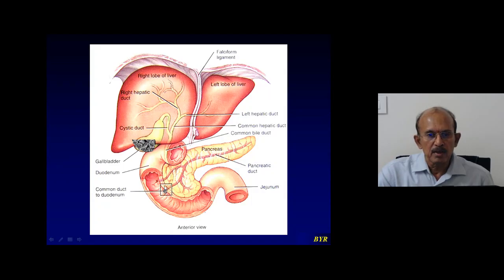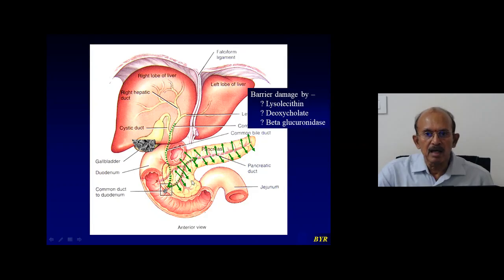So when the papilla of Vater is blocked by a stone coming from the gallbladder, what happens? The bile coming from the liver cannot pass into the duodenum. It regurgitates into the pancreatic duct, and from there it goes into the branches, then ductules, and into the acini. Now the acini are filled with this bile.